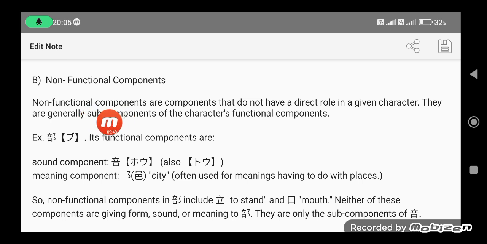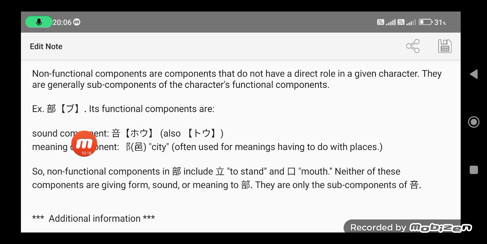Non-functional components or non-functional radicals are components that do not have a direct role in a given character. They are generally subcomponents of the character's functional components. So within a kanji, there are functional components, and these non-functional components are actually acting as subcomponents of the functional components.